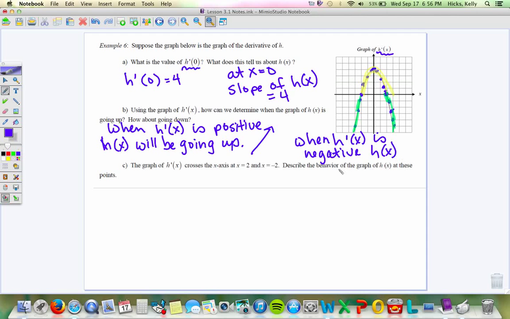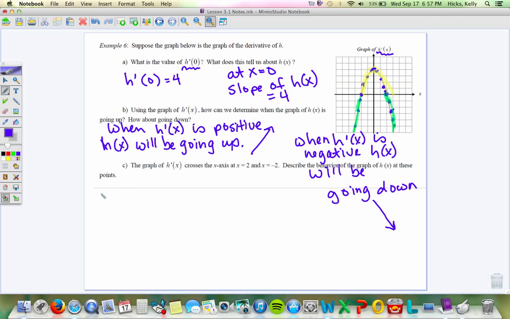So when that happens, h of x will be going down because it has a negative slope. The y values are negative here. That tells you that the slope of the original function will be negative. So when you have a negative slope, you're heading in the down direction, bottom right.